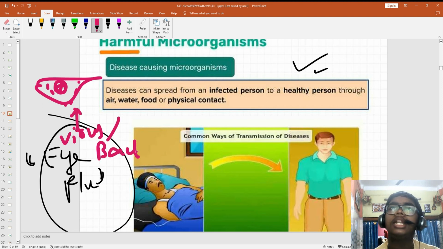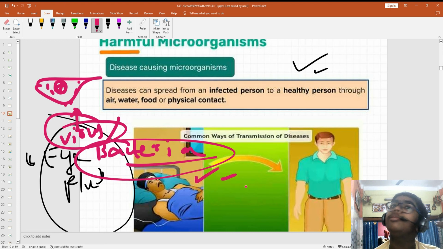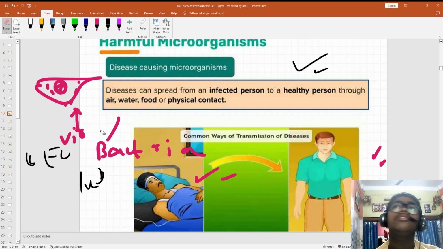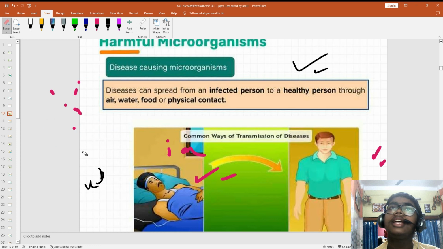It is not proven whether it is done by a bacteria or a virus, or it can be done by both. One type of eye flu, known as conjunctivitis, is done by a virus, and another type is done by bacteria. So it is causing a disease to us.